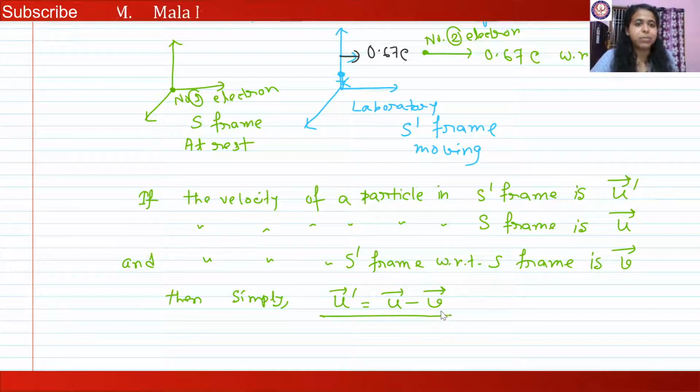This is the velocity transformation equation. We have already derived this one.